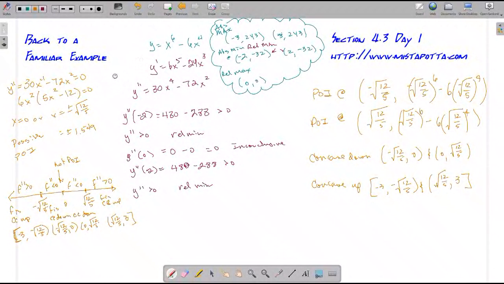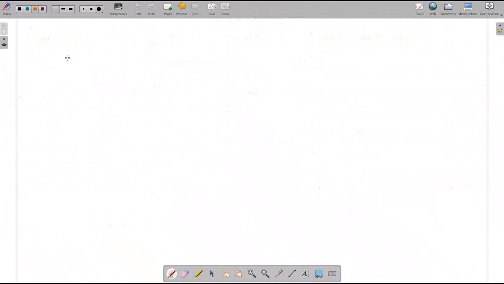I know that from negative 3 to negative 2, my graph was decreasing and concave up, which means my graph was decreasing and concave up.